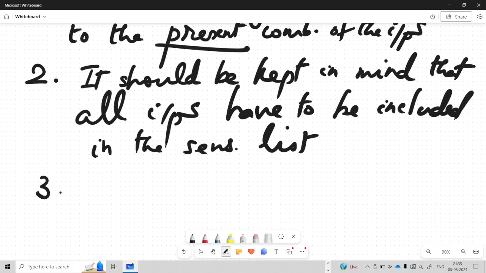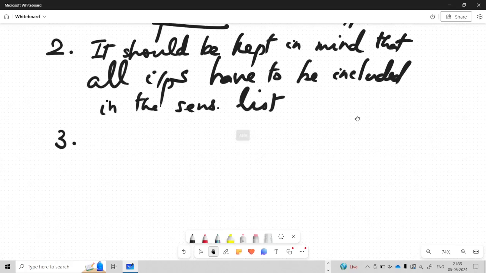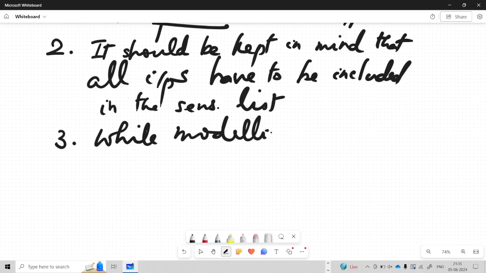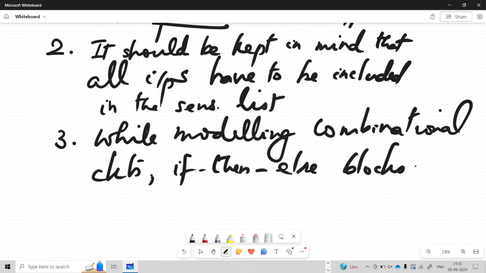And point 3 is related to the default assignment statement. While modeling combinational circuits or combinational subsystems, if then else blocks should have a default assignment.